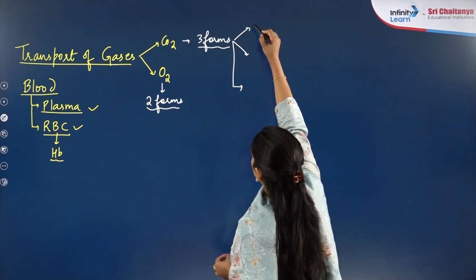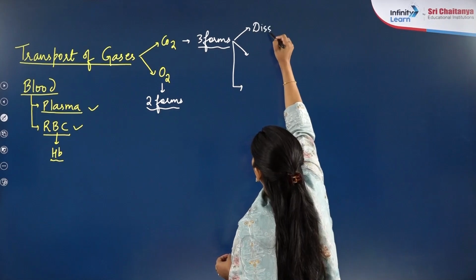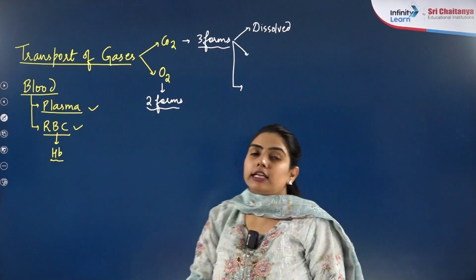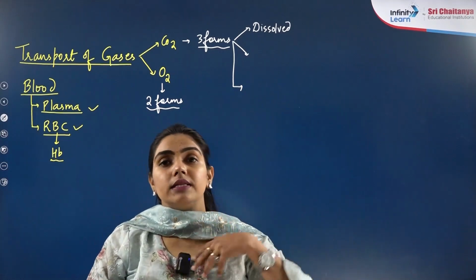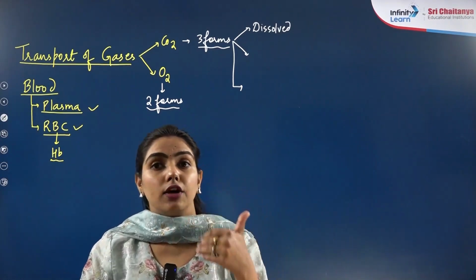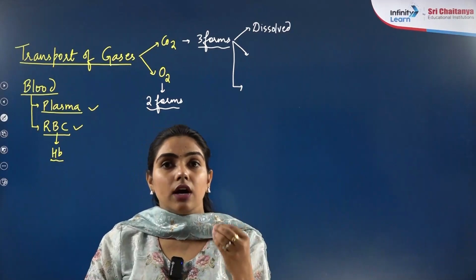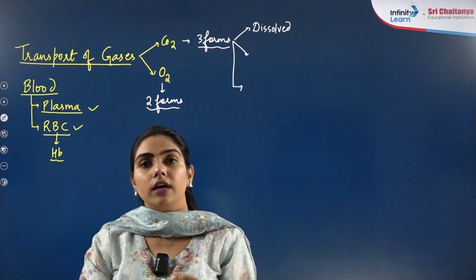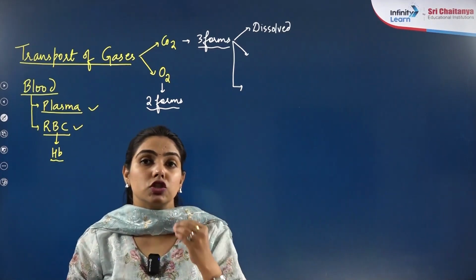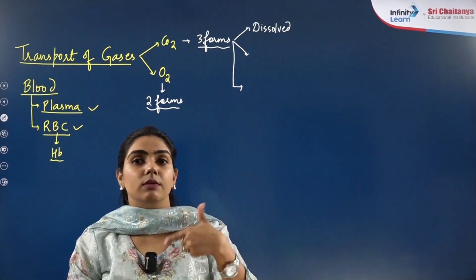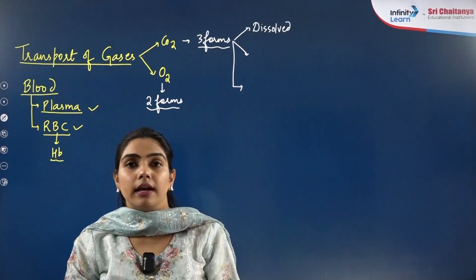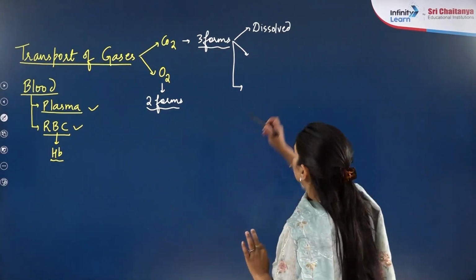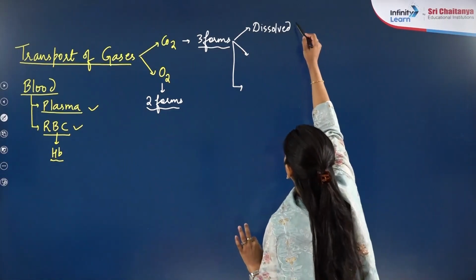One is dissolved form. I have told you in the lecture on exchange of gases that it depends upon the solubility, the rate of diffusion, right? Here also, how much gas is dissolved in the blood depends upon its solubility, and I have already told you carbon dioxide has more solubility.